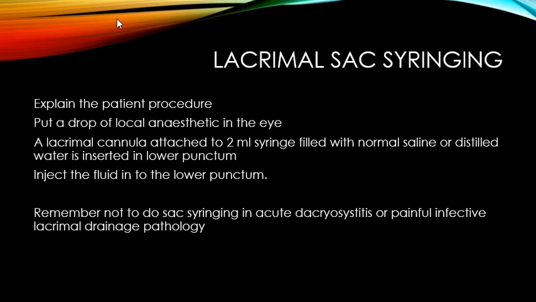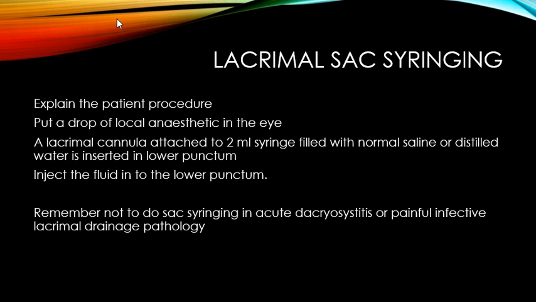First and foremost, explain the procedure to the patient. Make the patient lie down. Put a drop of local anesthetic into the eye. There is a special lacrimal cannula which is relatively blunt, and this is attached to a 2 ml syringe, which is normally filled with normal saline or distilled water. Insert this into the lower punctum.